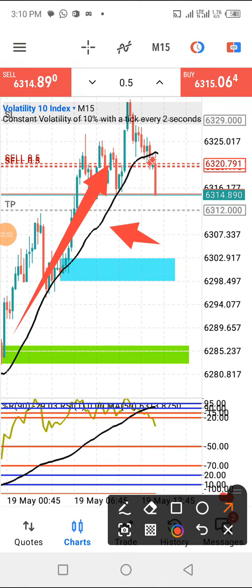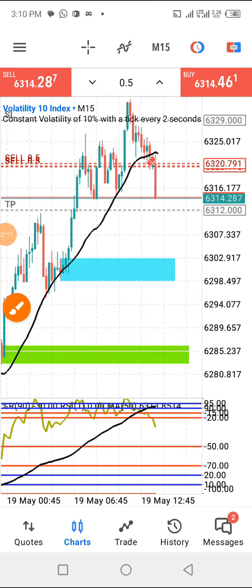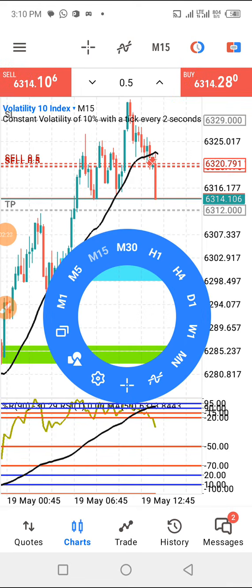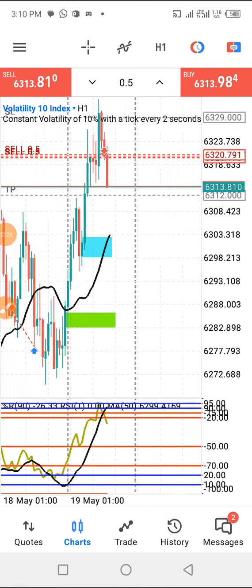Now we are using 15-minute time frame for entry, 5-minute or 15-minute time frame for entry. So our main trend is the H1. If we go to H1 now, please pay attention.